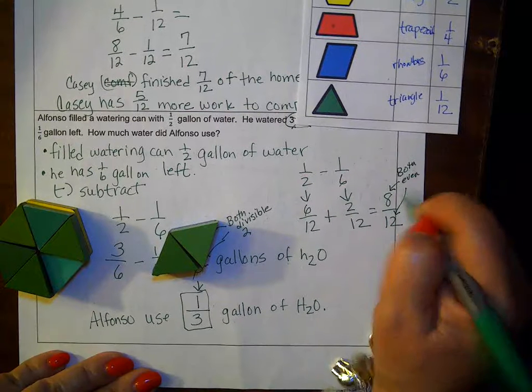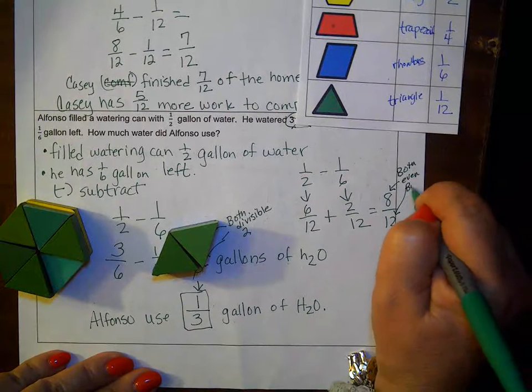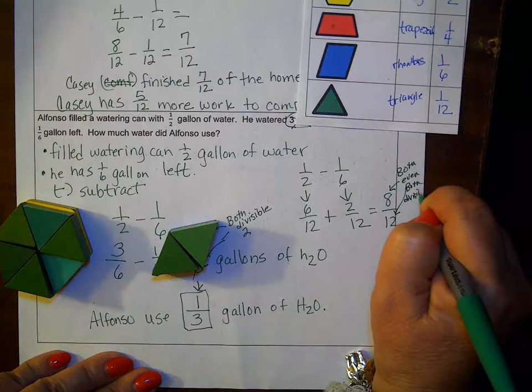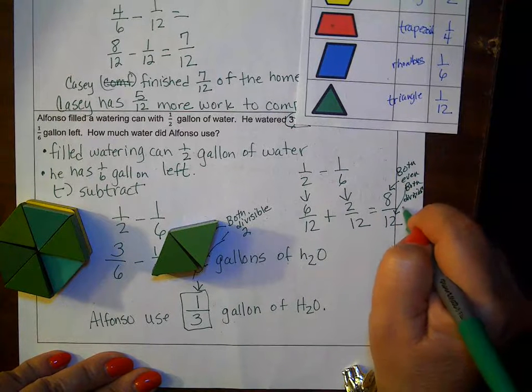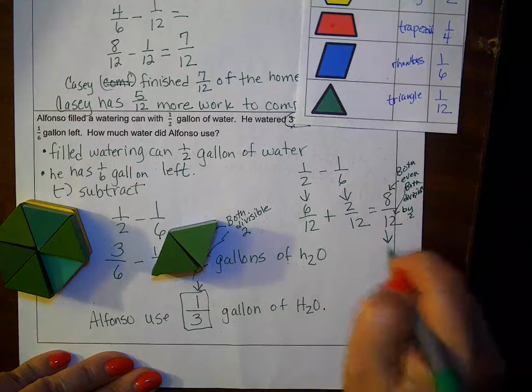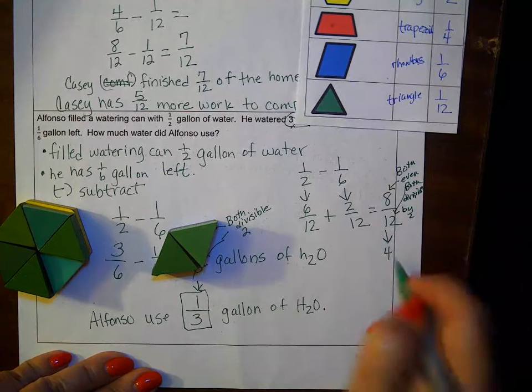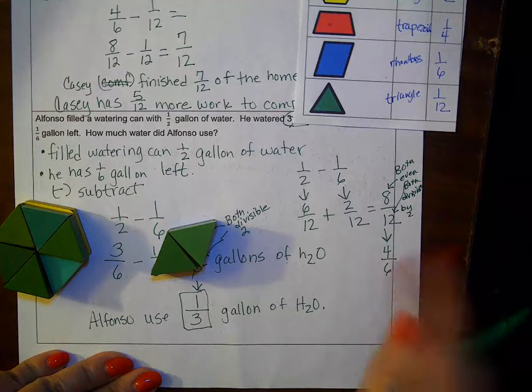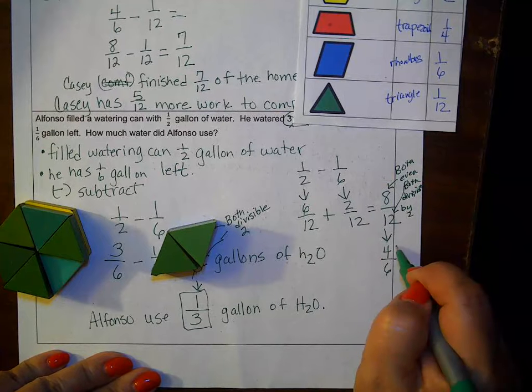And they're both divisible by 2. So 2 goes into 8 4 times. 2 goes into 12 6 times. They're still even, right? So they're both still divisible by 2.